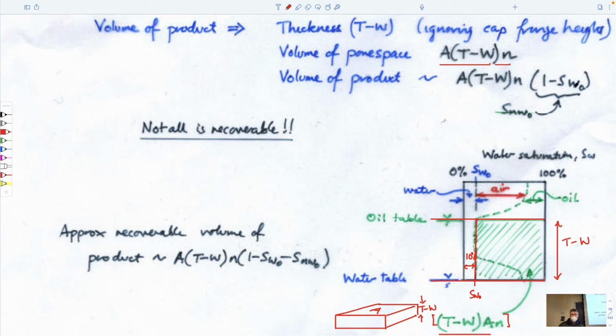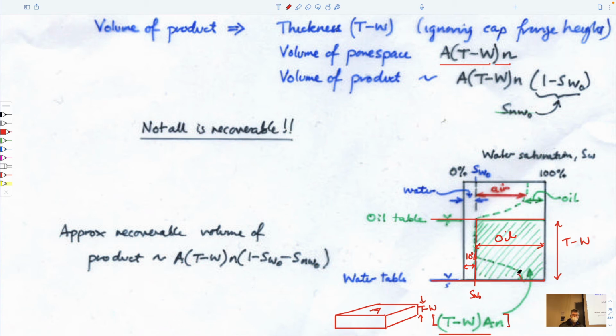And so 1 minus the saturation of water would be this length here, which would be oil. And so if you multiply the volume of the pore space times the effective saturation of oil in the system, then you get the amount of oil in the system.